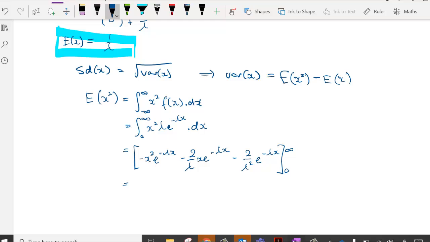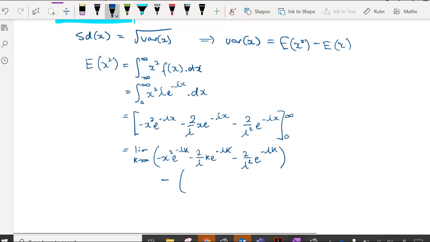So we end up looking at the limit as k approaches infinity of negative k squared e to the negative lambda k, subtract 2 on lambda k e to the negative lambda k, and subtract 2 on lambda squared e to the negative lambda k. And then with a 0, because the first 2 have x's involved, it's 0, subtract 0, subtract 2 on lambda squared e to the power of 0.